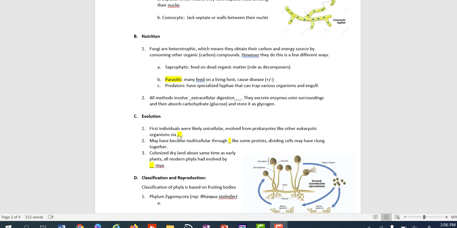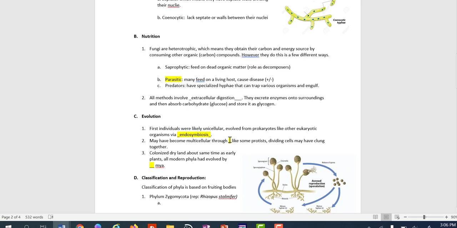Well, it's thought that the fungi would have evolved in a similar process, where unicellular fungi likely evolved from prokaryotes through endosymbiosis. These are eukaryotic cells, remember, and so likely prokaryotic cells being engulfed by other prokaryotic cells led to the various types of fungi that we see.